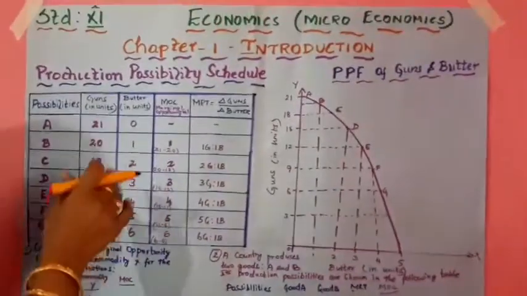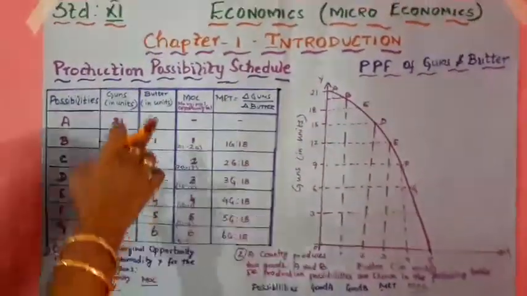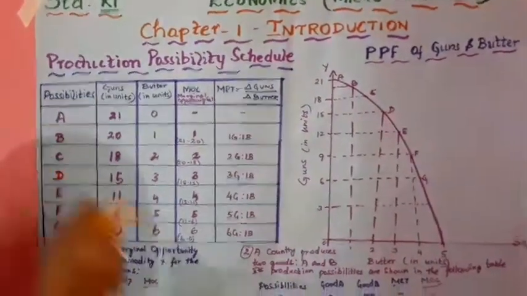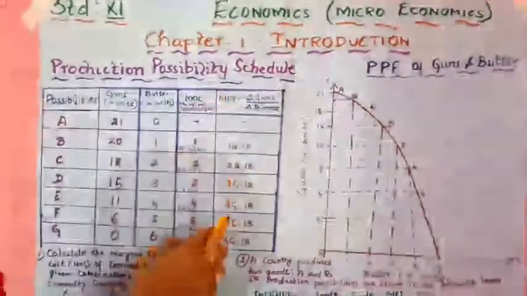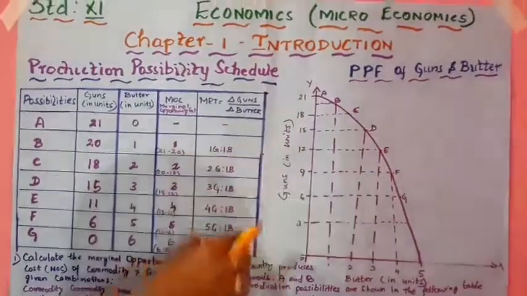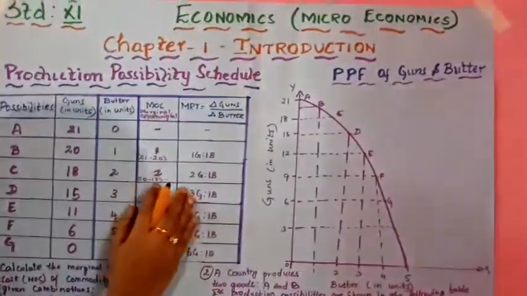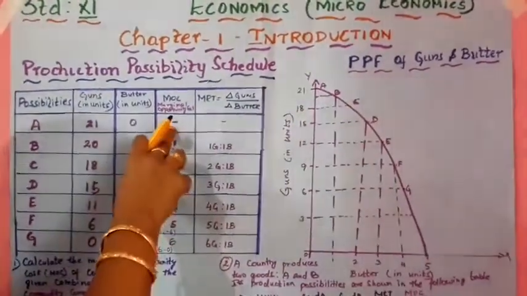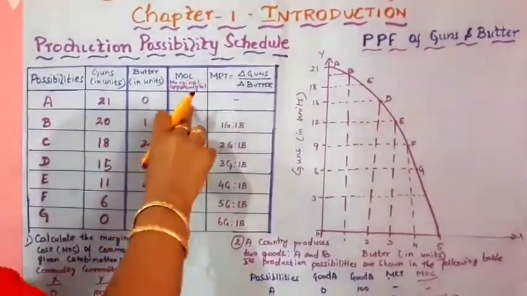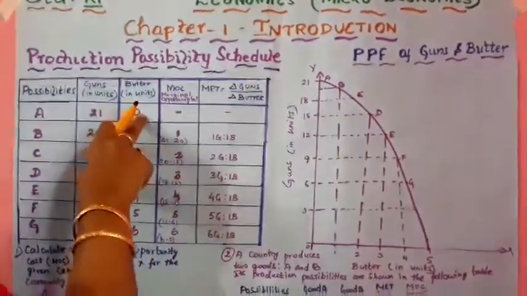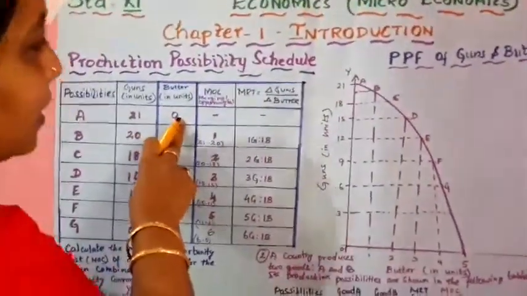I'll tell you once again, this is the production possibility schedule. If the schedule is given in the question itself as combinations of two goods, we have to find out the MOC first, then the MRT. MOC is nothing but the marginal opportunity cost. The first one will always be constant, that is 0, because the alternative combination of the other good will be 0 here.